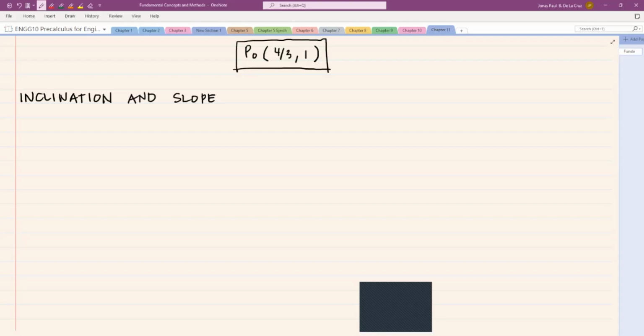Inclination or slope is the angle from the positive direction of the x-axis.